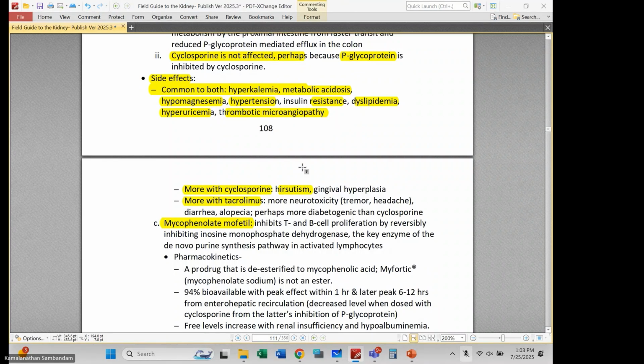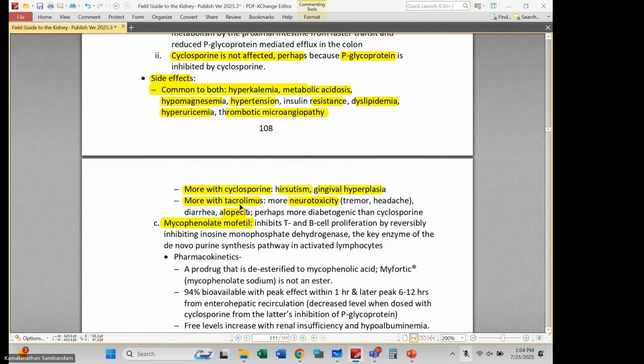Cyclosporin tends to cause hair growth. Tacrolimus tends to cause hair loss. Okay, so that itself is sometimes why I would not use cyclosporin in females. That's one decision factor. Gingival hyperplasia is a known side effect of cyclosporin, often in combination with nifedipine, which can also cause gingival hyperplasia.